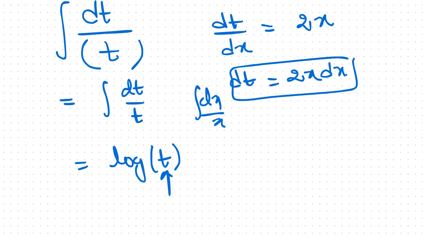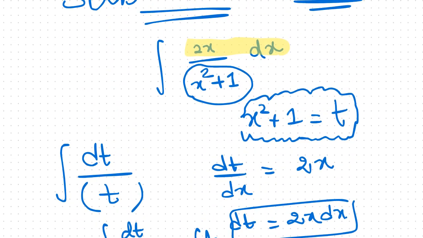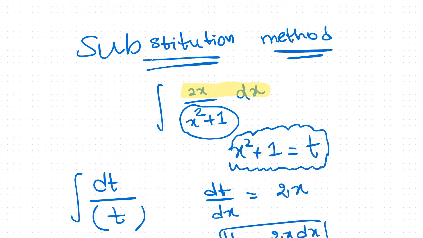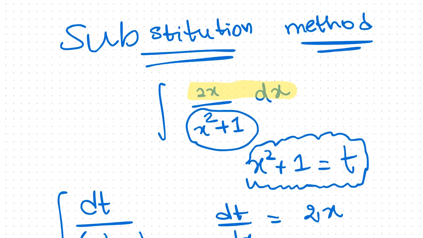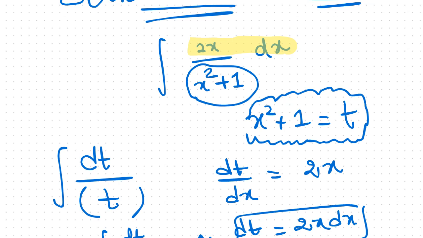Log t plus c. What was t originally? x square plus 1. So the answer is log of x square plus 1, like this. So that's about substitution.